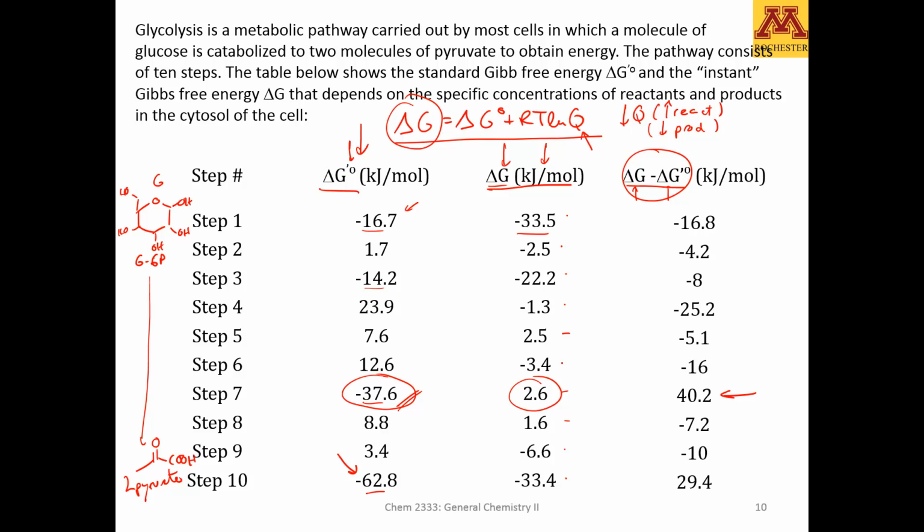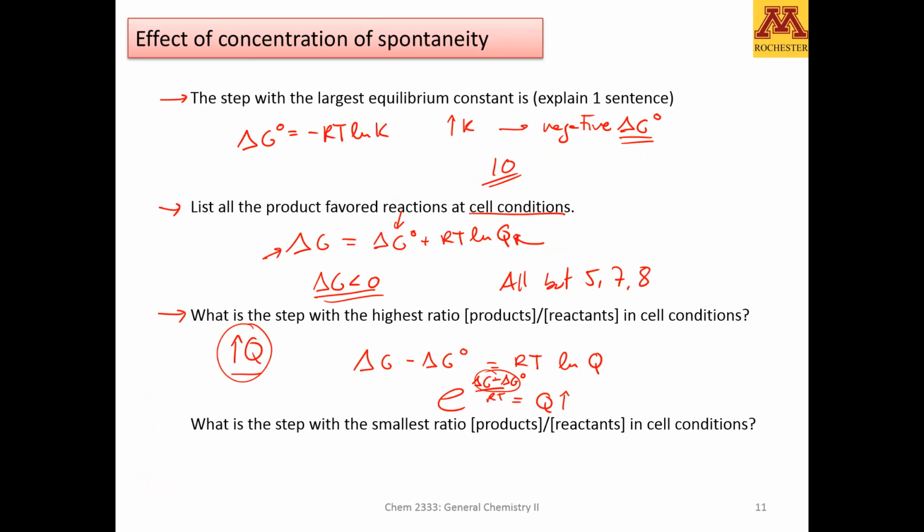Now this is positive, okay, and that can be exemplified here. So step 7 will have the largest Q. Step 7, if you will, is the one in which the cell has done its highest effect to reverse that reaction. And now, what is the step with the smallest ratio?